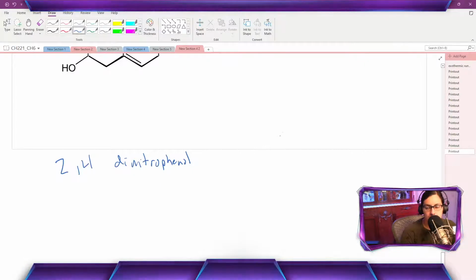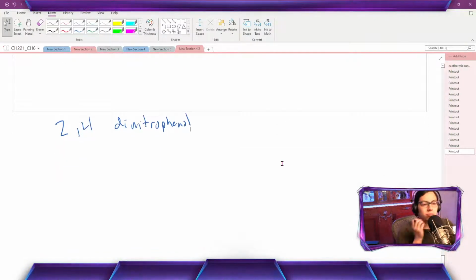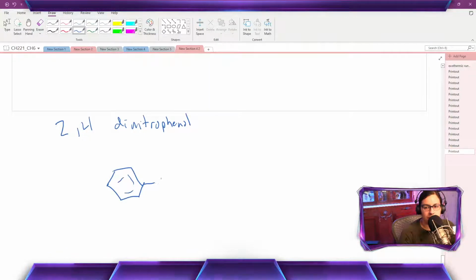And then is it primary, secondary, tertiary, or aromatic? So now let's draw. Our phenol ring has our OH on it. So this is 1. And then if it's 2, 4, so 1, 2, 3, 4, 5, 6.